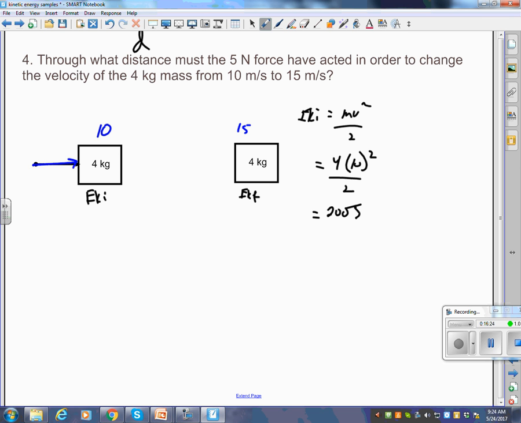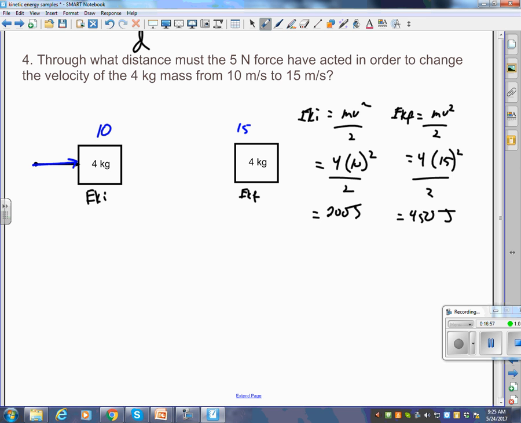Now the final: mass 4, new velocity 15. Ooh, I can't do 15 squared in my head, I don't think. Or can I? 225. Times 2. 450 joules.